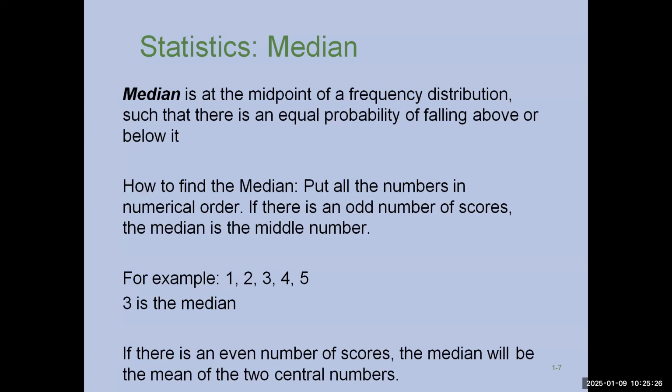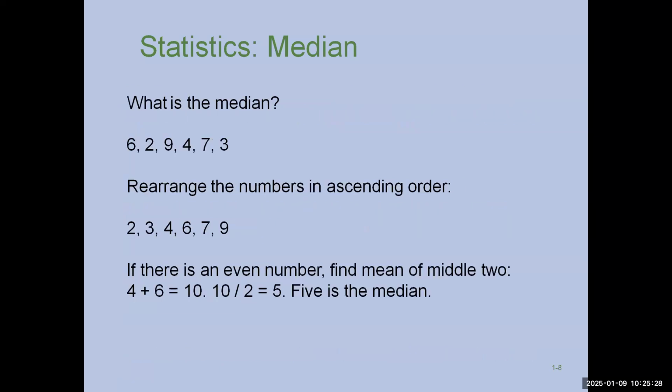If it is an even number, we look at the two middle values, in this case 4 and 6. We take the average of the middle numbers to find the median: 4 plus 6 equals 10, and 10 divided by 2 equals 5. This is how we calculate the median.